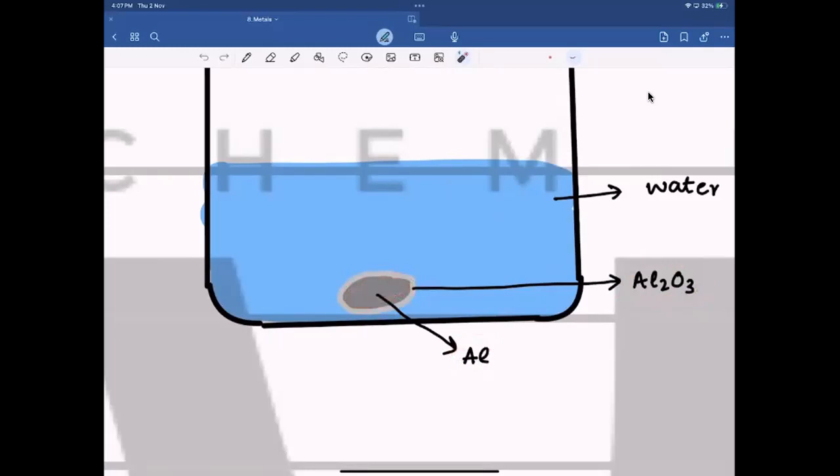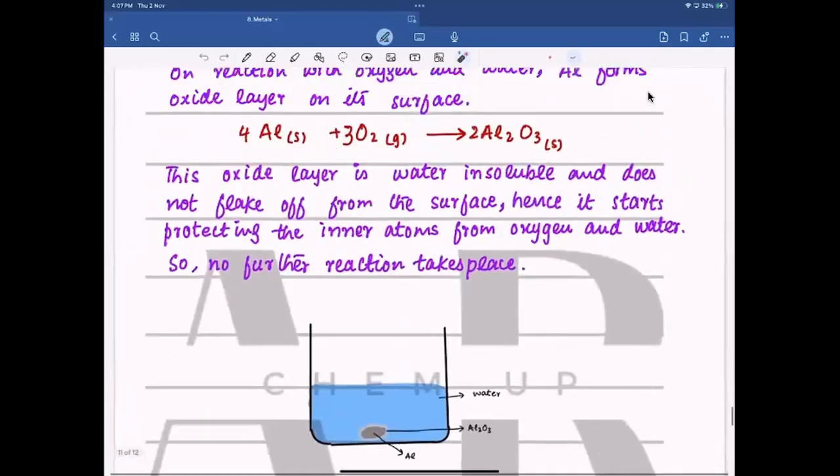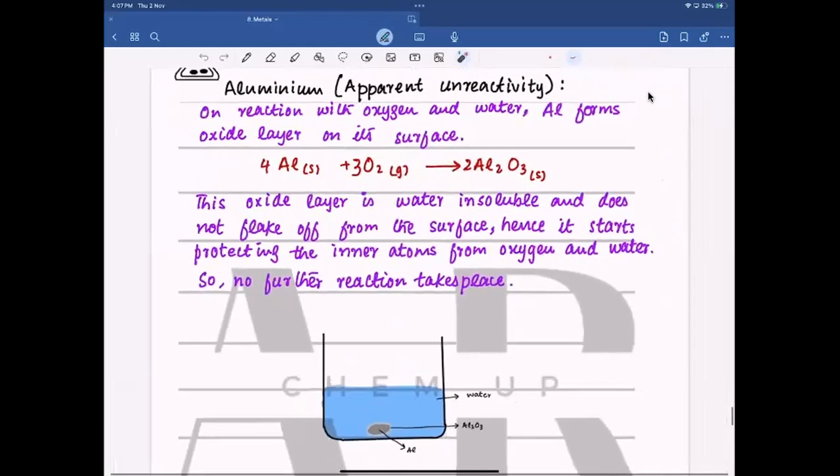So apparently it shows that the reaction does not occur, because this aluminium oxide is water insoluble, doesn't dissolve in water, and does not let the water or oxygen react further with aluminium. Is this clear?